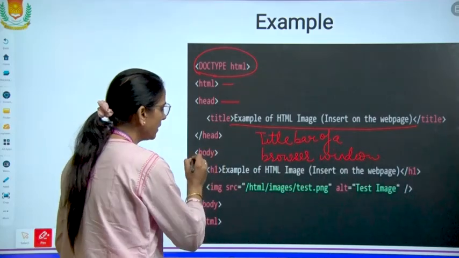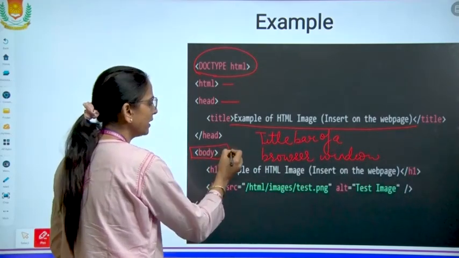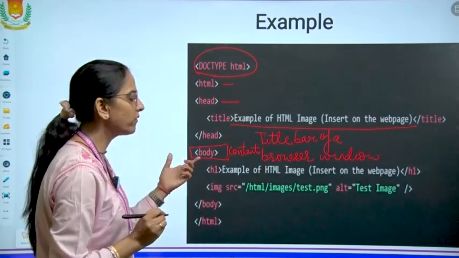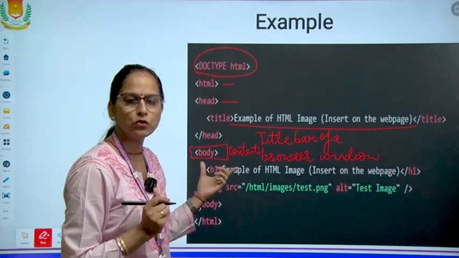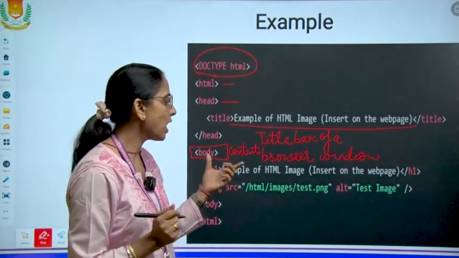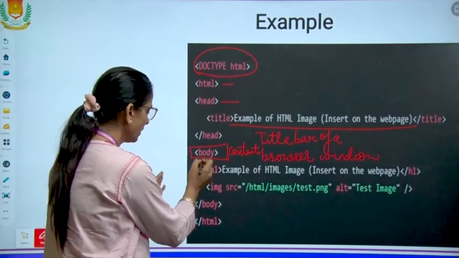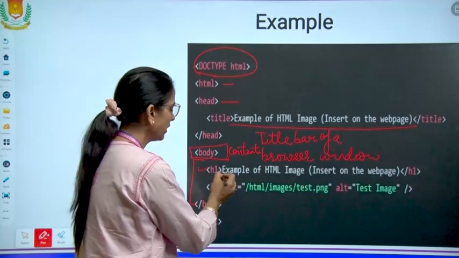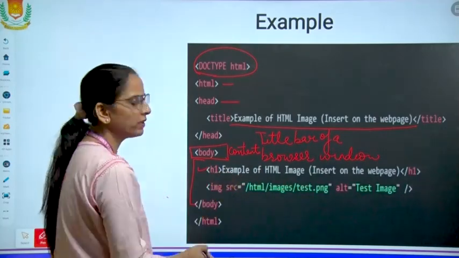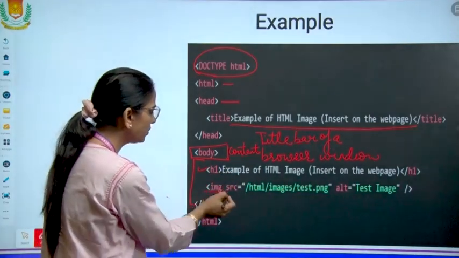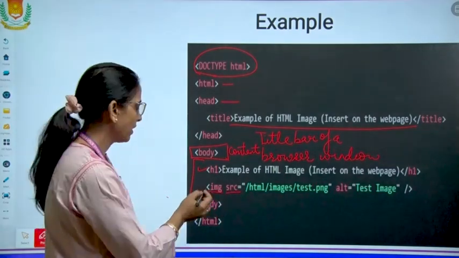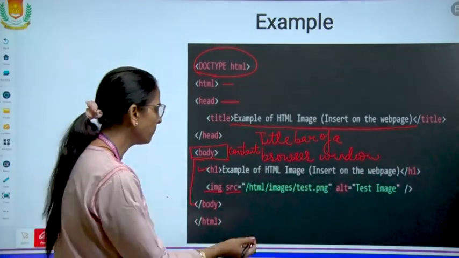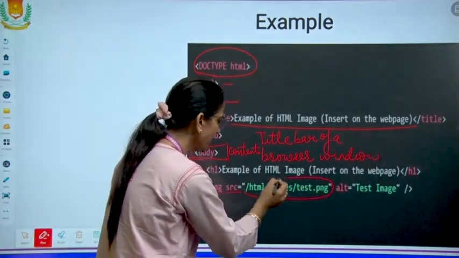Then we start with the body tag, the actual contents. Whatever you want to be shown in the browser's window, all output is written here. This is the H1 tag, the first heading. After the heading you will write the IMG SRC. IMG stands for image, SRC stands for source. This is the path of the image.